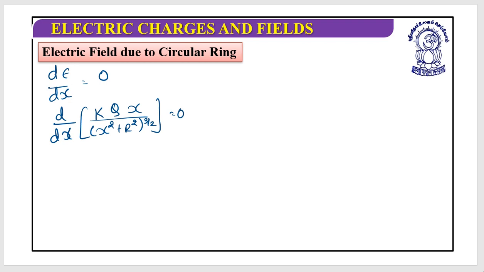So if I compare this, the only term that remains should be d by dx of x multiplied by (x square plus r square) to the power minus 3 by 2, and that would be 0. Are you sure?